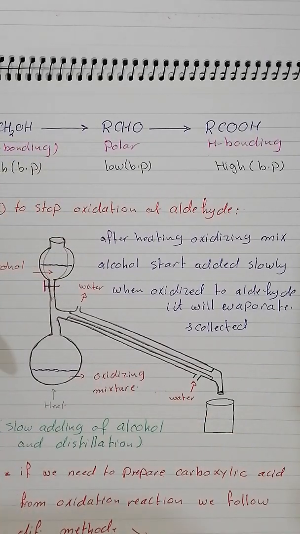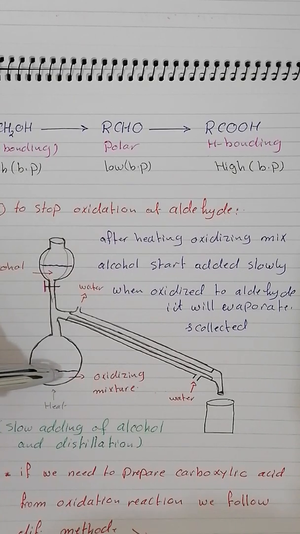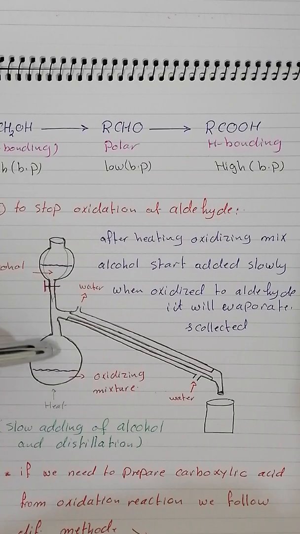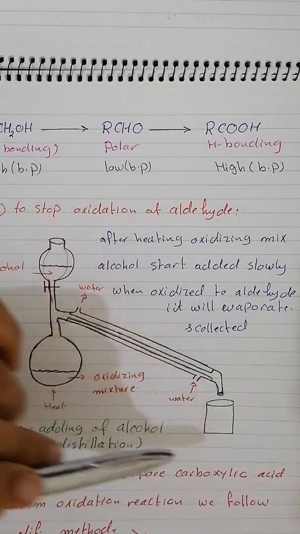So with heating, when we add alcohol, it will oxidize and give aldehyde. The boiling point of aldehyde is very low, so it will evaporate, but it will not escape because the system is not open. It will go to the condenser here, condense and be collected here.